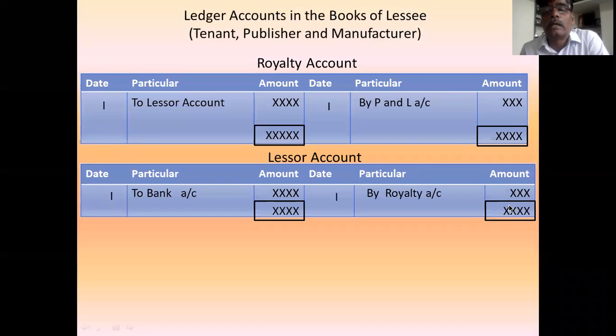Write like this and close the account. Whatever difference comes is to be recorded as the short working account. It may be on the debit side or on the credit side. Remember this. This is simple. This process you continue for all the years.